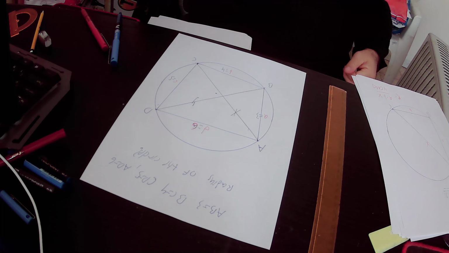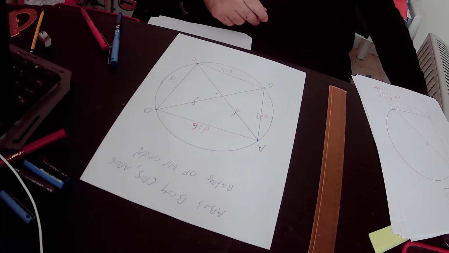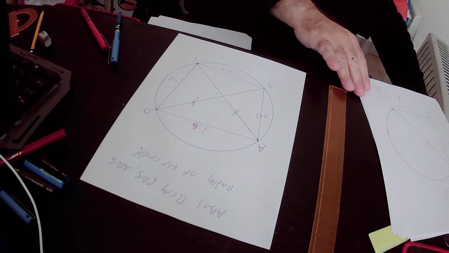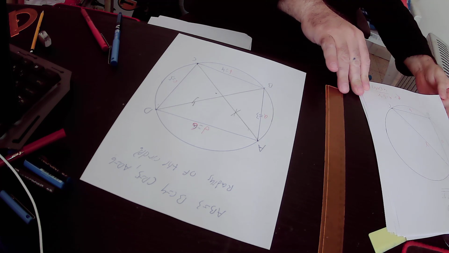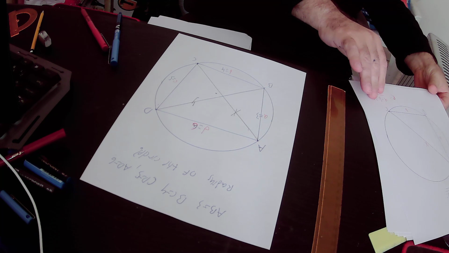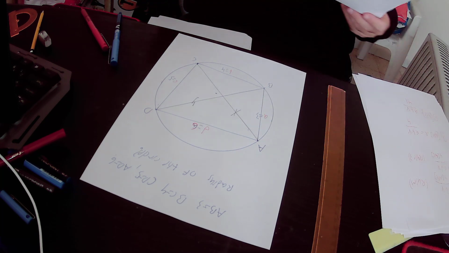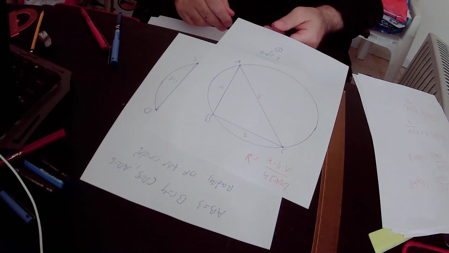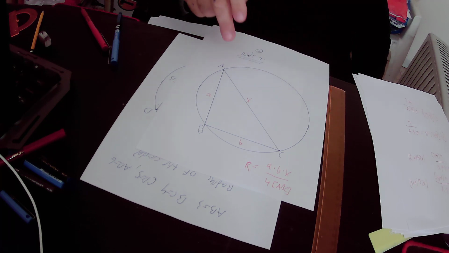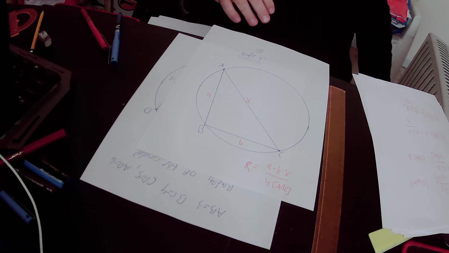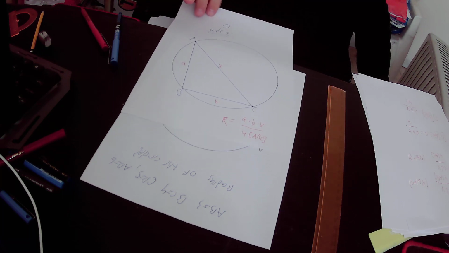And we also have rule number 3. If we have a triangle that is inscribed by a circle, for example this triangle ABC, then we can find the radius of this circle by the following formula.